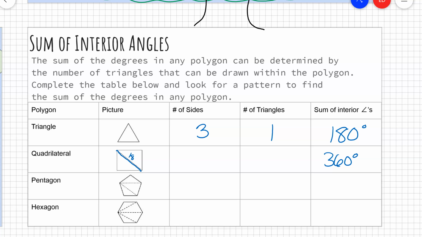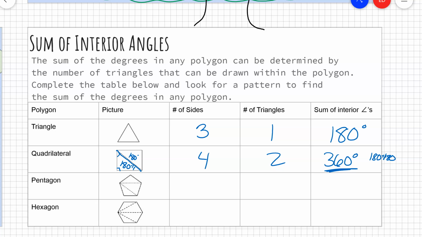If one triangle is 180 degrees and the other triangle is 180 degrees, all those angles added together give me 180 plus 180, which is 360. Okay, so there's 2 triangles, there's 4 sides.